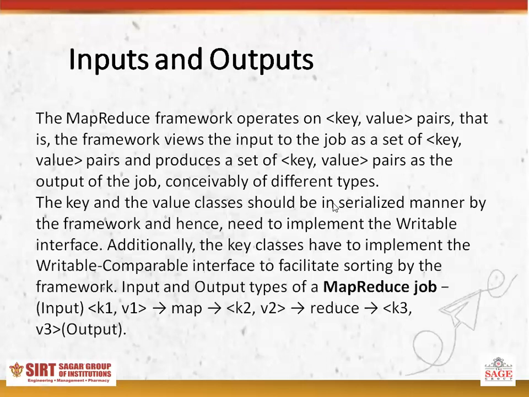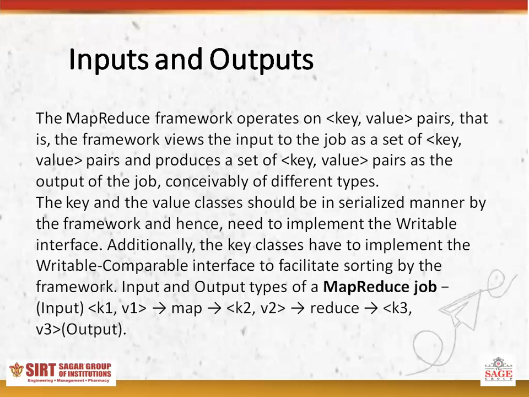Next, inputs and outputs. Here basically the MapReduce framework operates on key and value pairs. The framework views the input as key and value pairs, and then produces a set of key and value pairs as output. So it is quite convenient for different types of data and different types of applications.